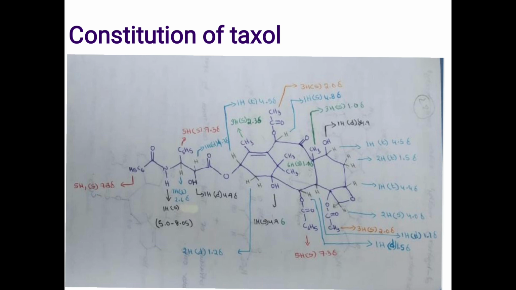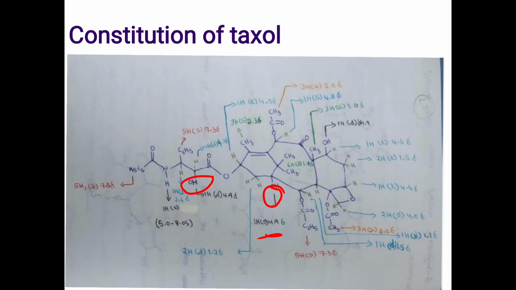In the NMR spectra, the hydrogen attached to the oxygen shows a signal at 4.9 delta, which is a singlet for this hydroxy group.